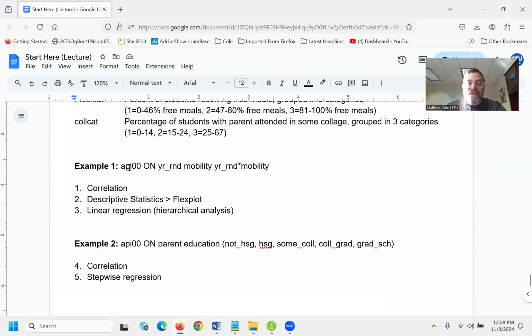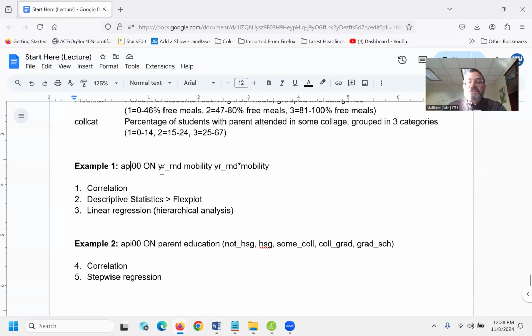API is our Y variable. The way we think about it from an equation perspective is that regression is always Y regressed on X, right? Y is the outcome variable. In this case, the outcome variable is academic performance in the year 2000. We're regressing it on our independent variables, our X variables.